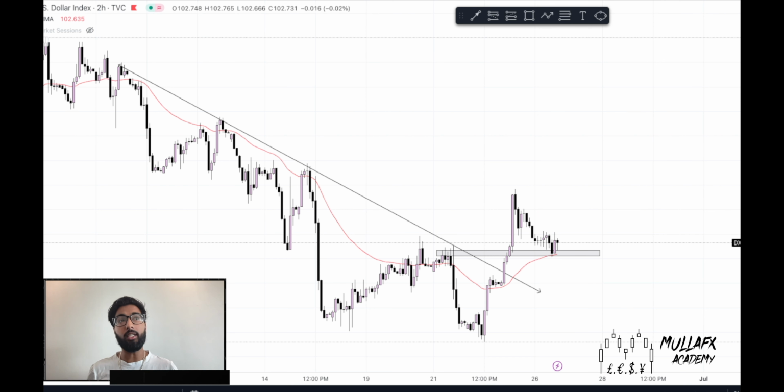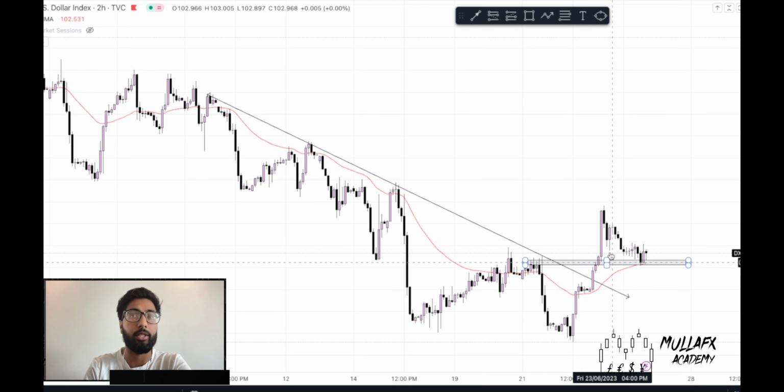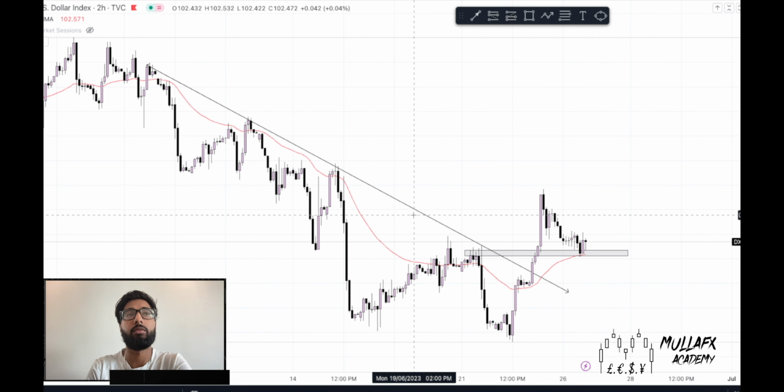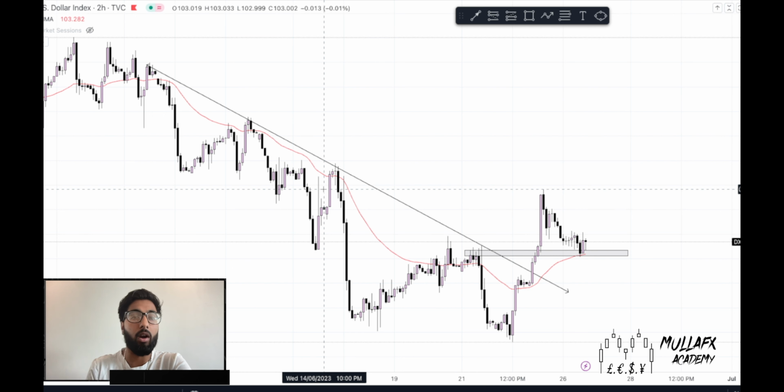Okay, so looking at the US dollar index, you can see we've been in a long-term downtrend, right? We've been quite bearish with USD, and it makes sense because of the recession and a lot of weaknesses in USD, and we've seen a lot of currency pairs show great strengths.